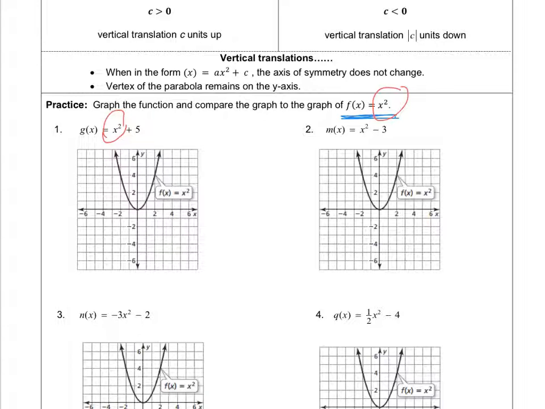What is happening, if you look at it, is it has now started higher. So our new graph, even though it's hard to look at with my sketching, is the exact same u as the parent function. We've just shifted that u up 5 units on the graph. And what caused that change was that plus 5. That's what shifted it up 5 units.